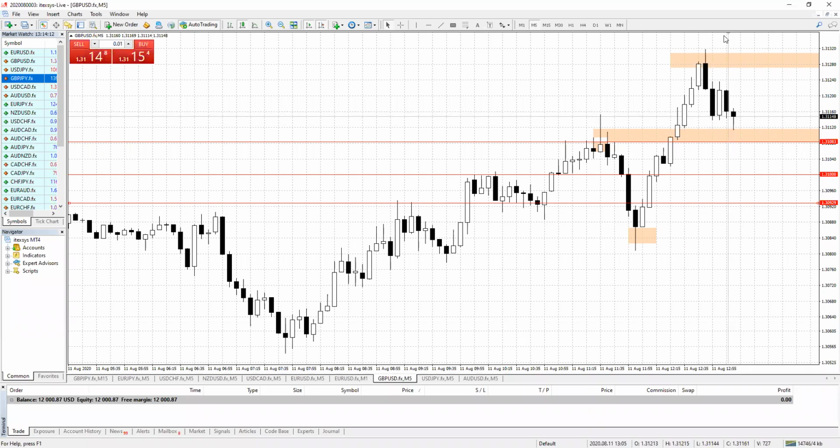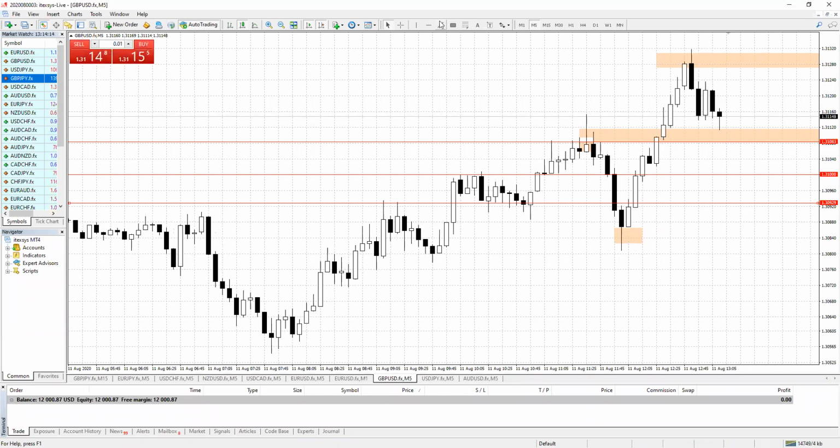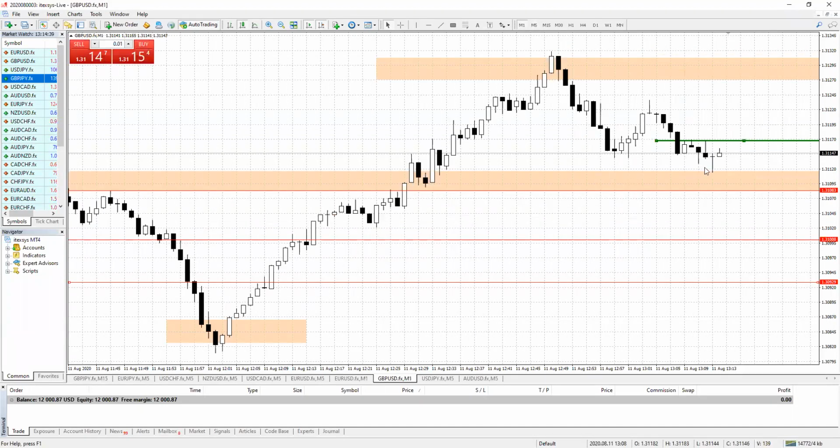We can either place a buy stop right here and only get triggered if we have some confirmation to the upside, or use a market order and just buy it, but we miss the confirmation. We get a better price, but we miss the confirmation.